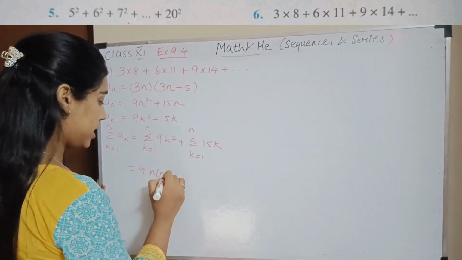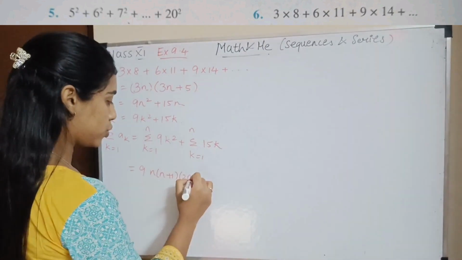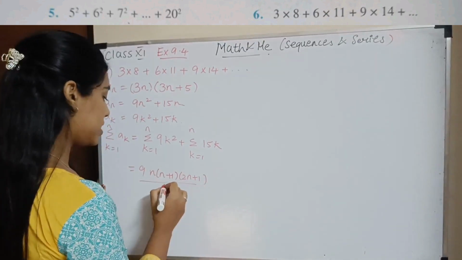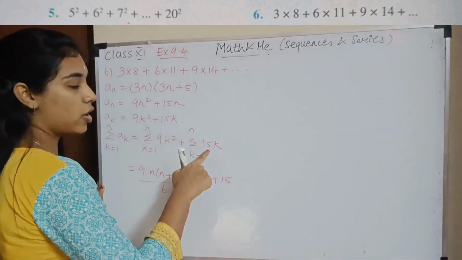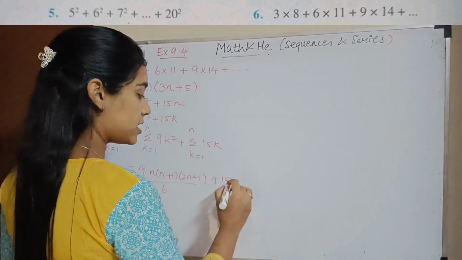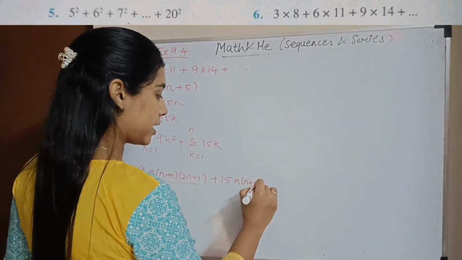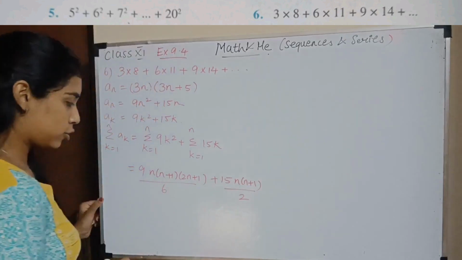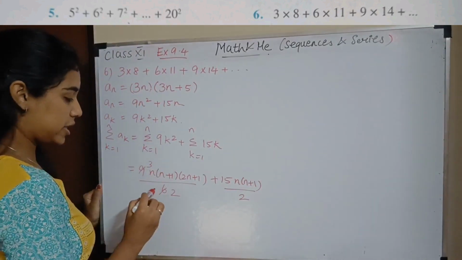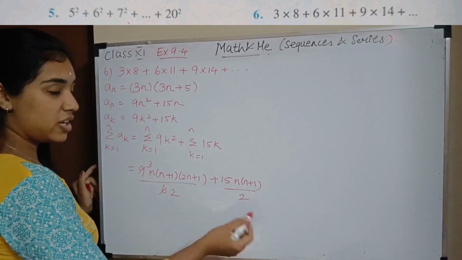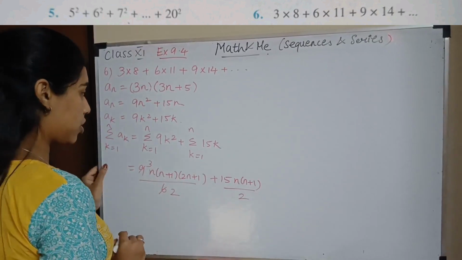It is n into n plus 1 into 2n plus 1 divided by 6 plus 15 times, I have a constant. Summation of k is nothing but n into n plus 1 divided by 2. So I can cancel this. 3 twos are 6, 3 threes are 9. So I need not take the LCM because I have the same denominators.